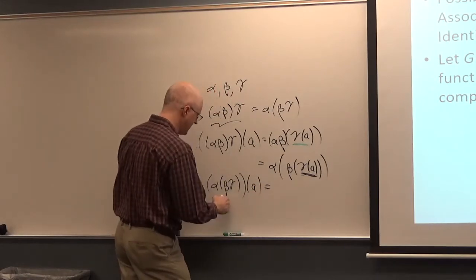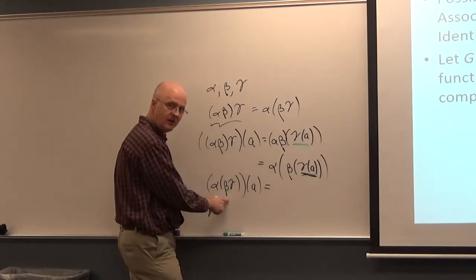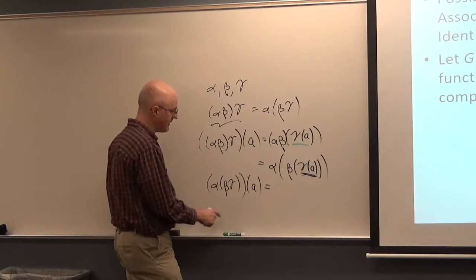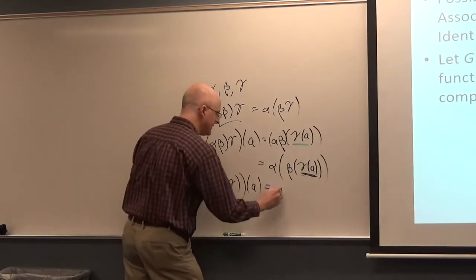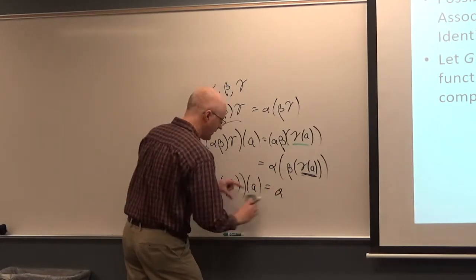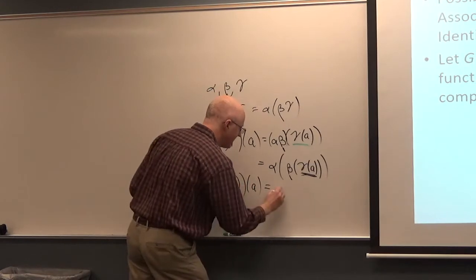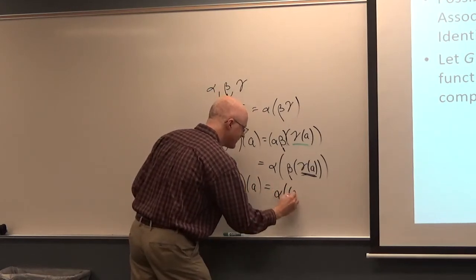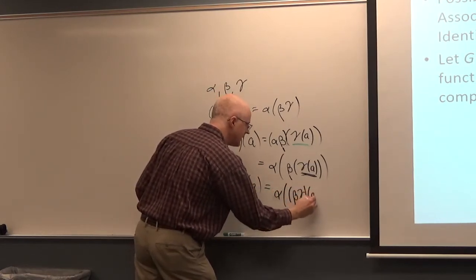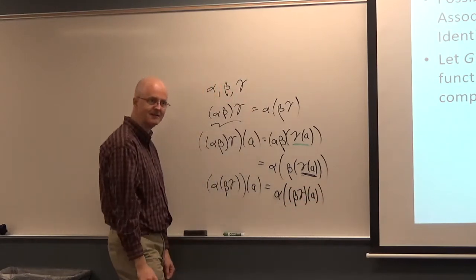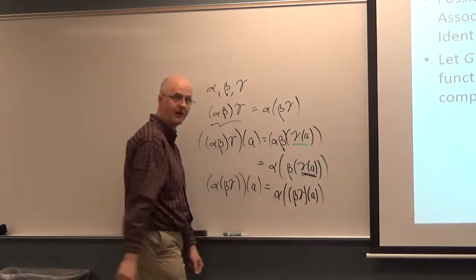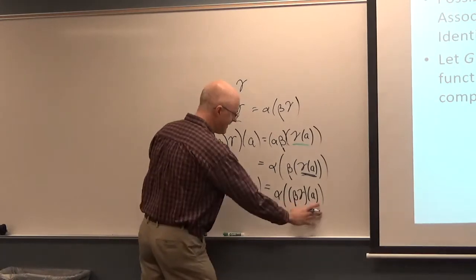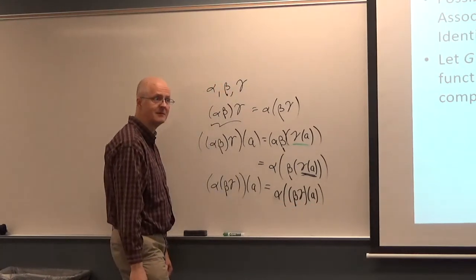It means plug the output of the function that we're calling beta gamma, beta composed with gamma, into alpha. It means do this. Like that. Put the parentheses around the beta gamma inside the input for alpha.